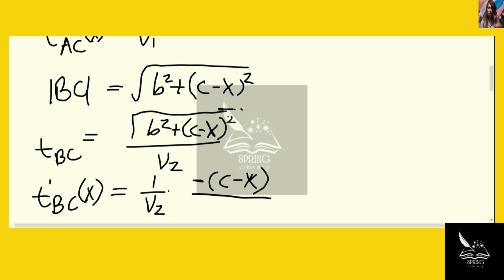Negative c minus x over the square root of b squared plus c minus x squared.